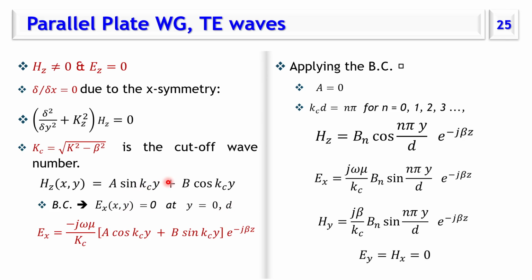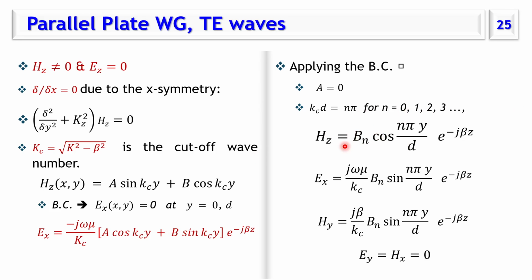Substituting those boundary conditions here will give us E x with this expression. The boundary condition would require A to equal 0 and Kc multiplied by d equal n pi, where n can be any number, 0 or any positive number.